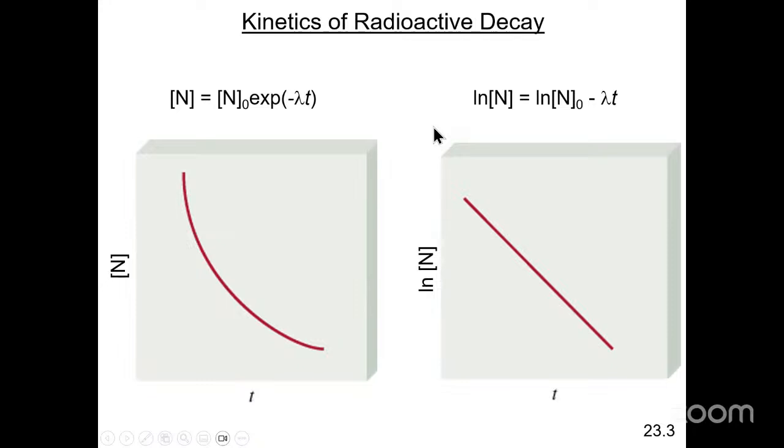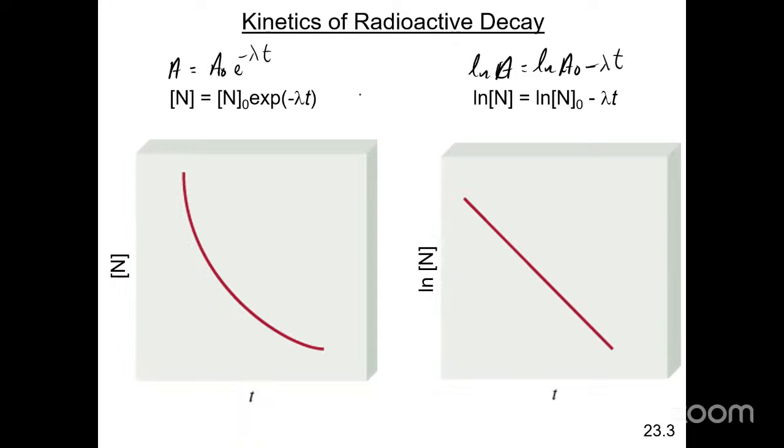Another thing I should mention here is that since we can measure the activity directly, in these equations we can replace N and N0 with activity. So A, the activity at time t, would be equal to the initial activity times e to the minus lambda t. And here, ln A is equal to ln A0 minus lambda t, right?